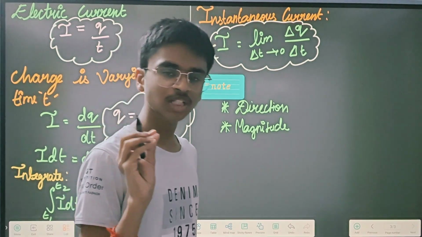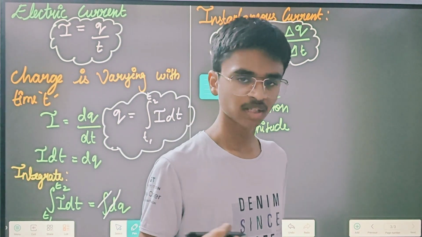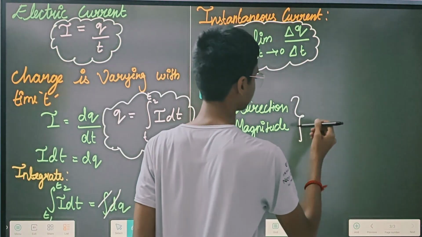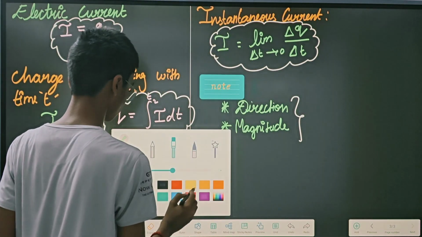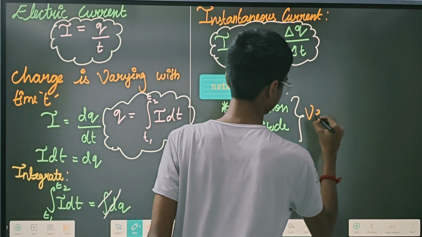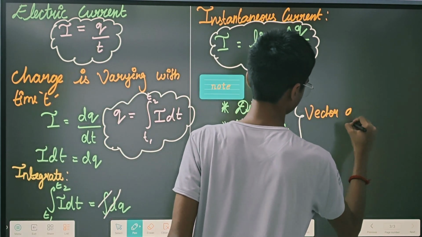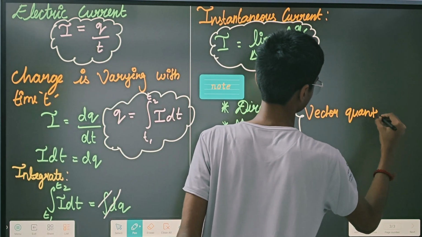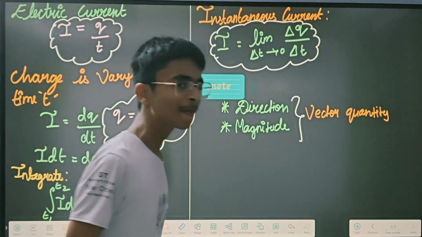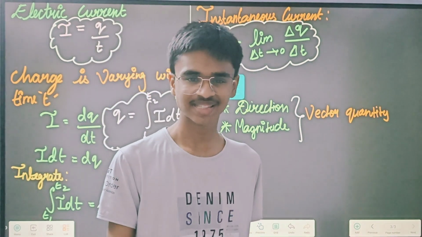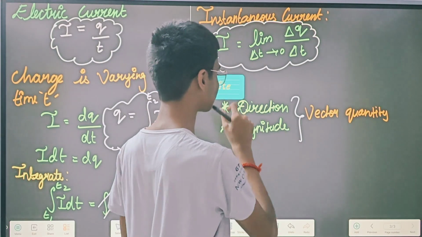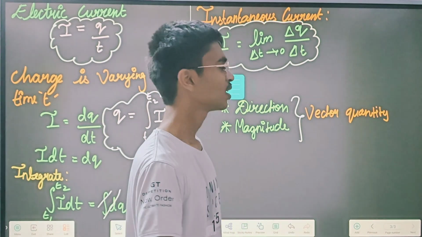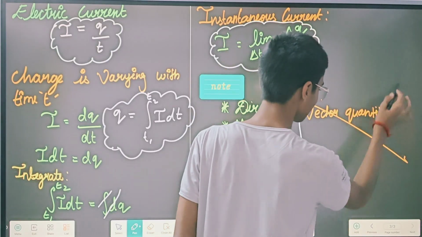So when a particular quantity is having both direction and magnitude, it is said to be a vector quantity. But the interesting fact is that current is not a vector quantity, even though it has direction and magnitude.